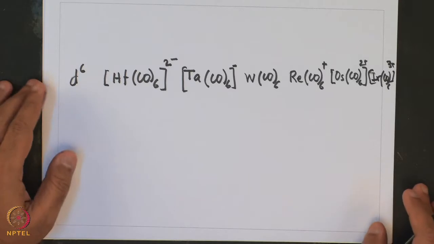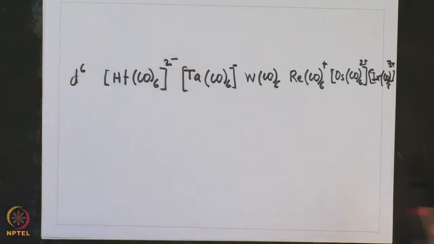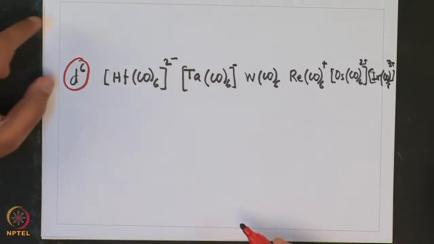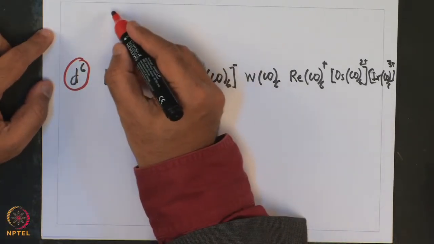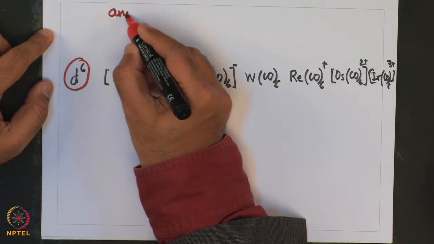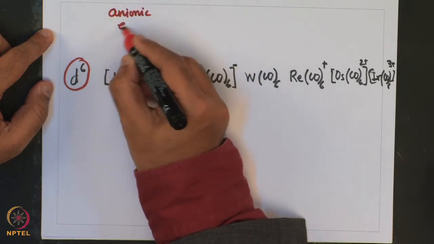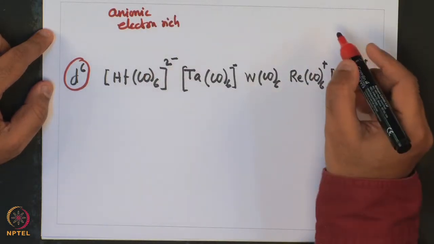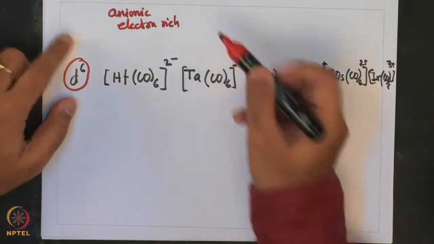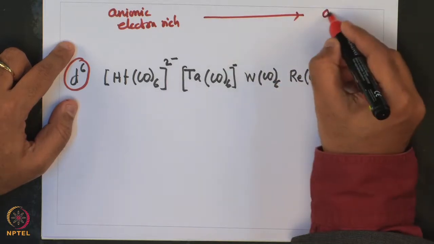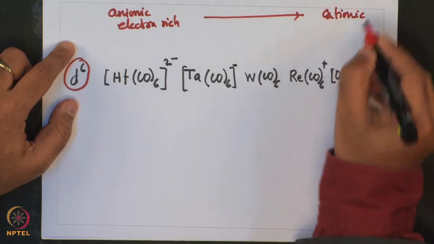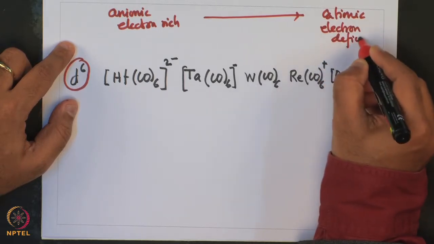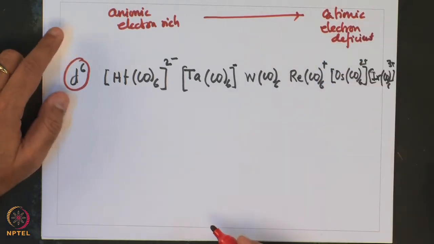All of these are d6 systems, but it goes from an anionic, electron rich metal center to a cationic, electron deficient metal center.